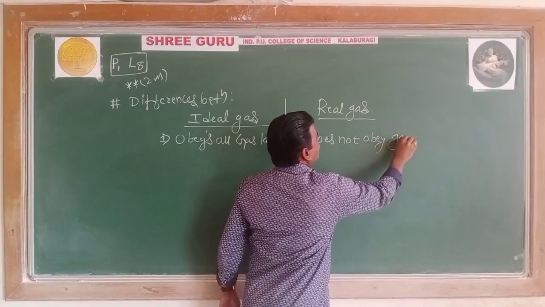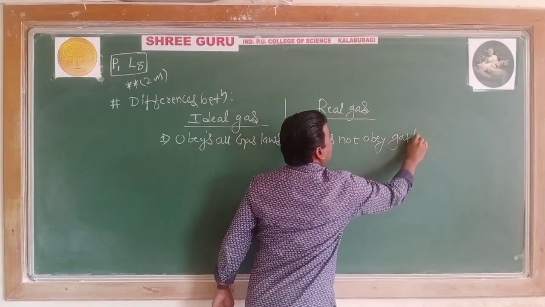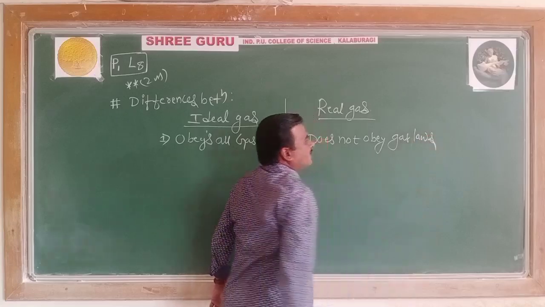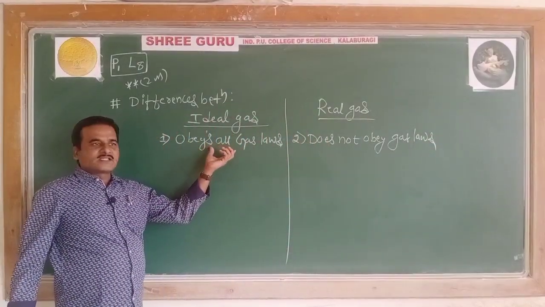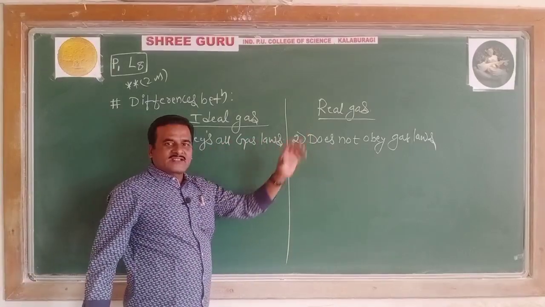Under a given condition of temperature and pressure, ideal gases obey the gas laws, while real gases do not obey the gas laws.